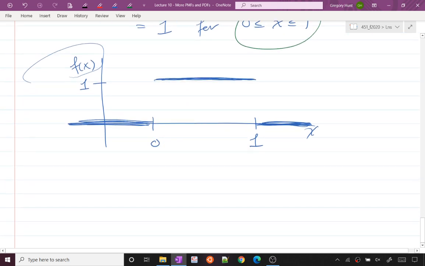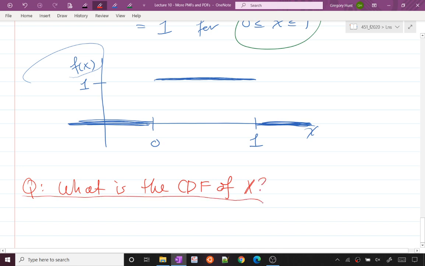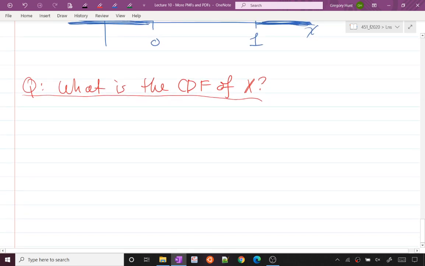Okay. Question. What is the CDF of X? I gave you the PDF, which could be a homework or exam problem, and the question is, how do I get the CDF, the cumulative distribution function?